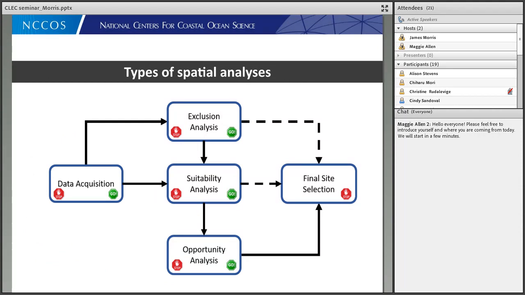So here's the diagram that shows the various processes from data acquisition. Sometimes coastal managers will say, you know what, we just want to provide data to industry or to other coastal managers of our resources so they can make determinations or decisions on what to do next. And so sometimes that process stops just at the data acquisition phase.